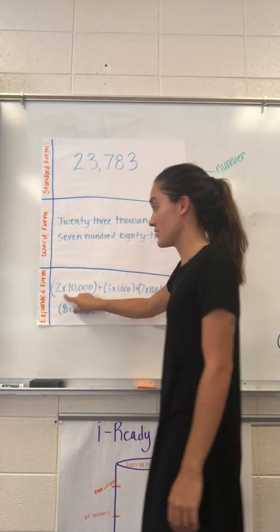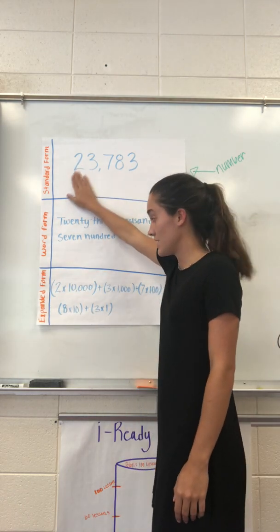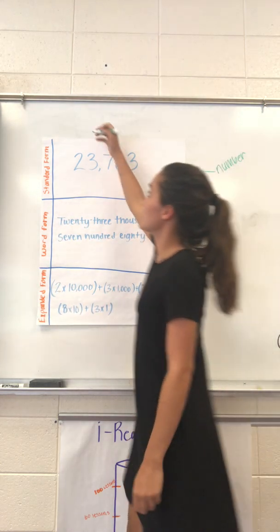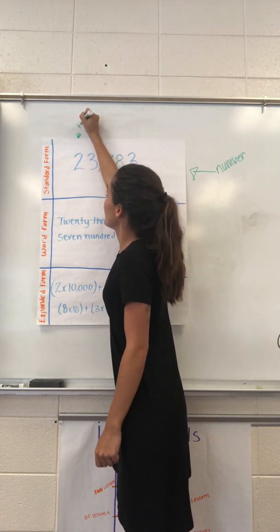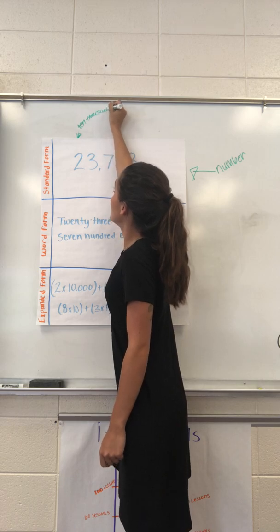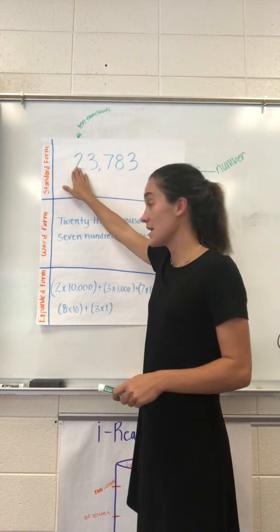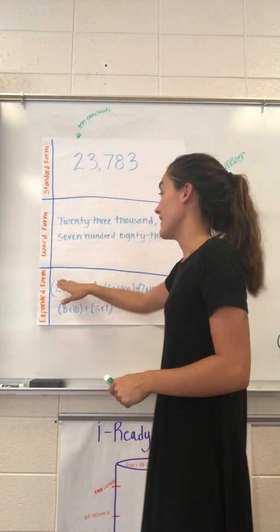So when I come down here to write it in expanded form, I'm going to do the digit times the place value that it's in. So we can see that this 2 is in the 10,000s place, right? So what we're going to do, we're going to take the digit and multiply it by the place value digit, or the place value that it's in.